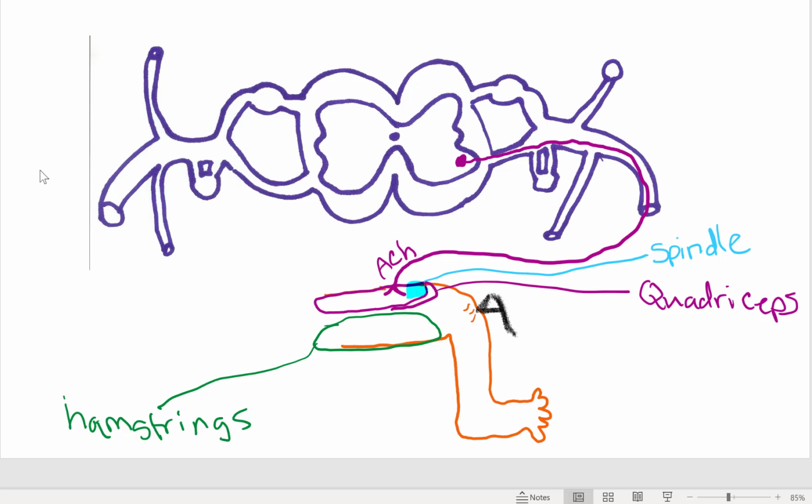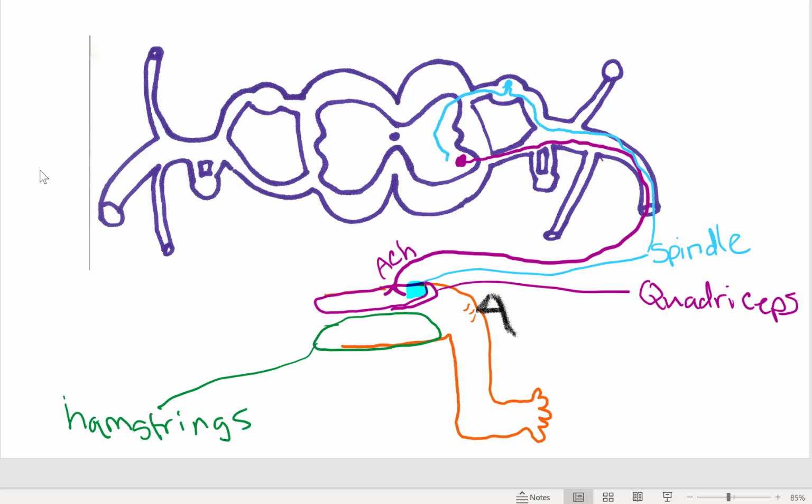So these receptors respond to too much stretch, and they send afferent action potentials up through an anterior primary ramus into a dorsal root. The cell body of this afferent fiber is found in the dorsal root ganglion.